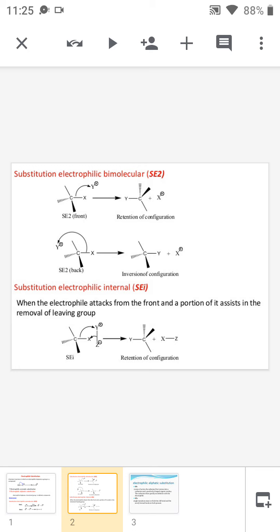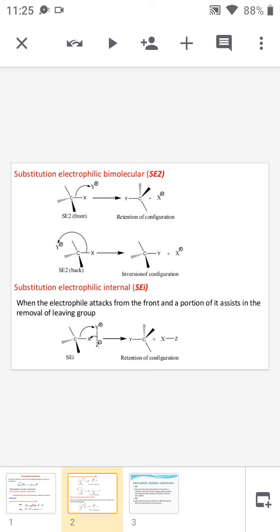For example, there is an electrophile Y plus which is attached to a Z minus, and Z will pick up the leaving group X, and Z minus speeds up the departure of the leaving group from the starting material. So the reaction will occur very fast, and the product is Y. The electrophile combines with the starting material very easily.